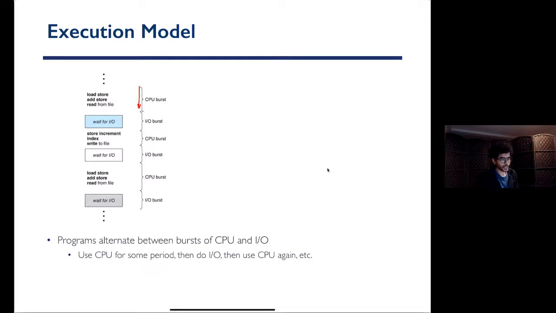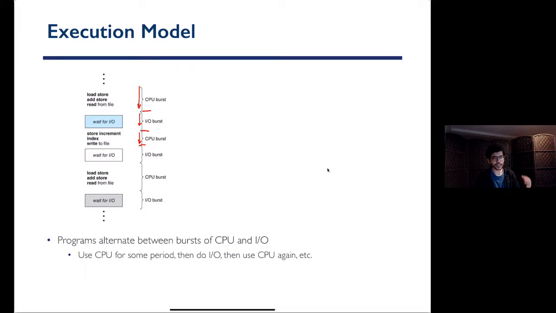Then at some point, it's going to get blocked for IO. So you're going to be doing IO. And then once the IO is done, you're ready. And when you get scheduled, you're going to have a CPU burst, meaning that you're going to have some instructions to execute until you call IO again, and then you have CPU, and then IO, and so on and so forth. So this is the model that we're going to look at.